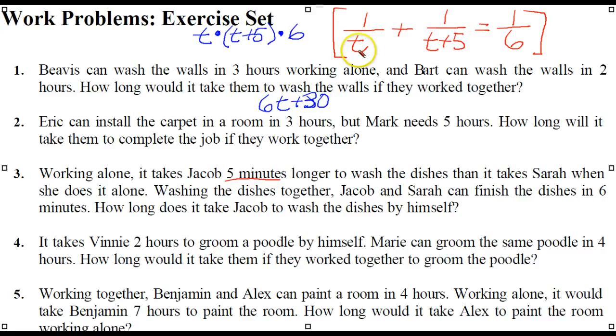So this t cancels out, and then it's just 1, so it's 6t times 6t, and then 5 times 6 is 30. Okay, so the next one then is the t plus 5 cancels out, and I'm just left with 6t.